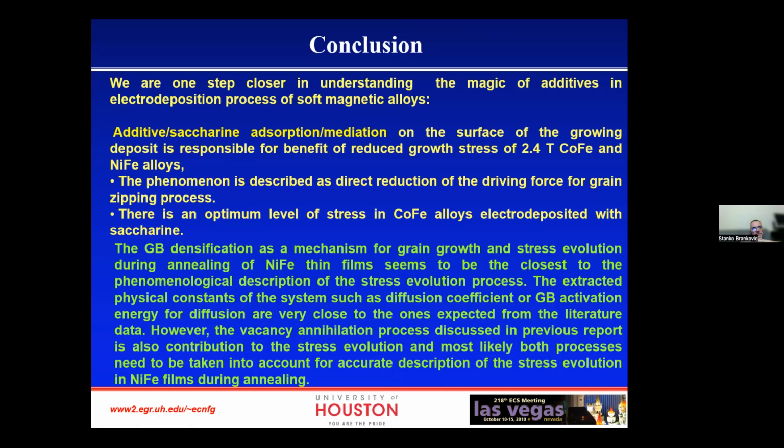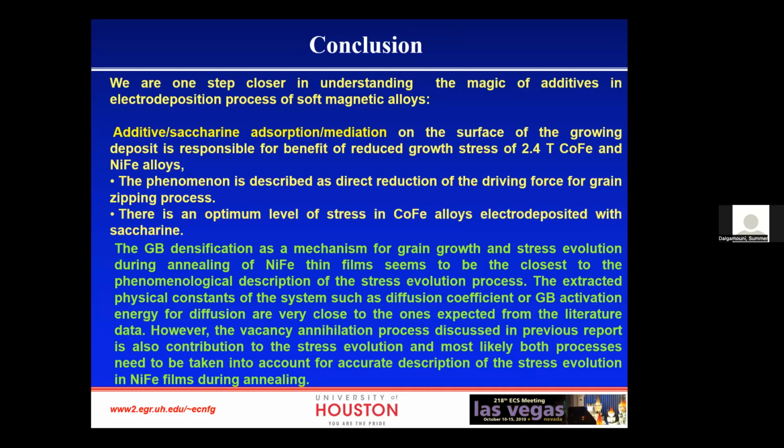No. Stress in the film is not surface tension. Surface tension is a surface phenomenon. Stress in the film due to the grain zipping process is the bulk stress that basically puts the grains under tension. So it's two different things. But a very important thing for you: adsorption of the organic phase on the surface does change the surface tension too, which is the surface energy, basically.